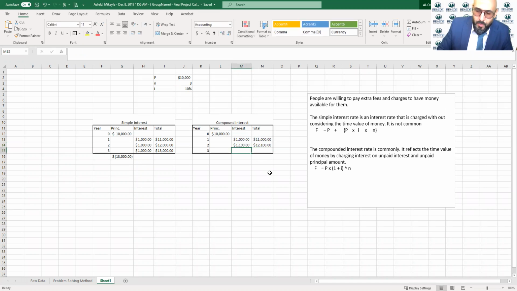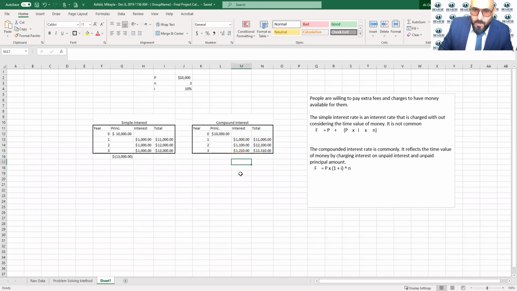For year 3, again, we're not dealing with the 10,000 anymore. The principal amount is now 12,100. And now there's another 10% on that. That would be 1,210. And now the total would be 12,100 plus the 1,210.